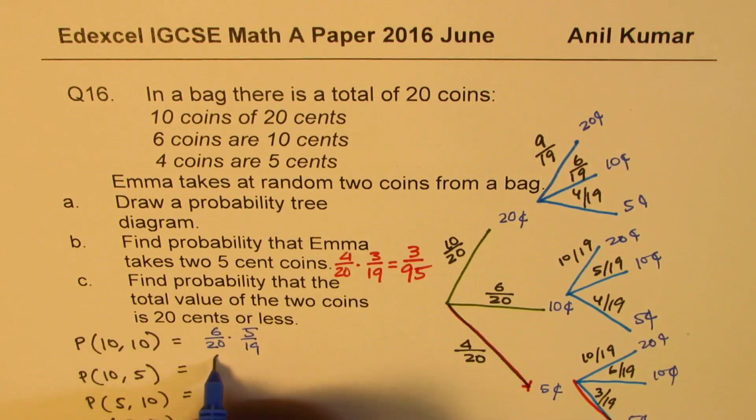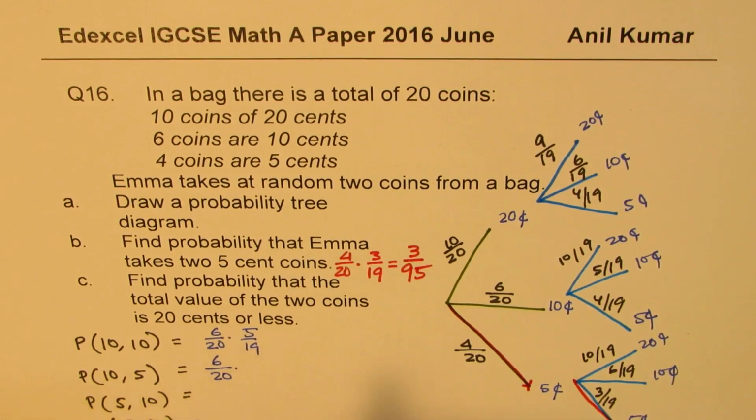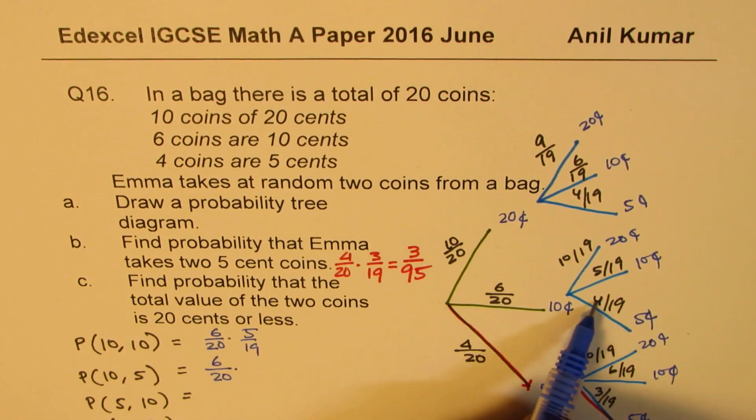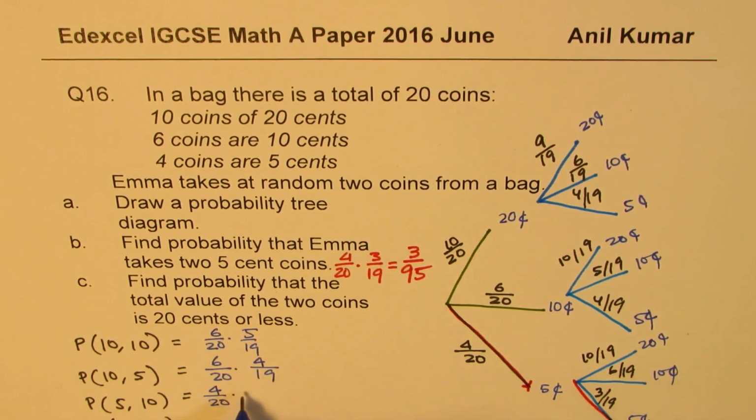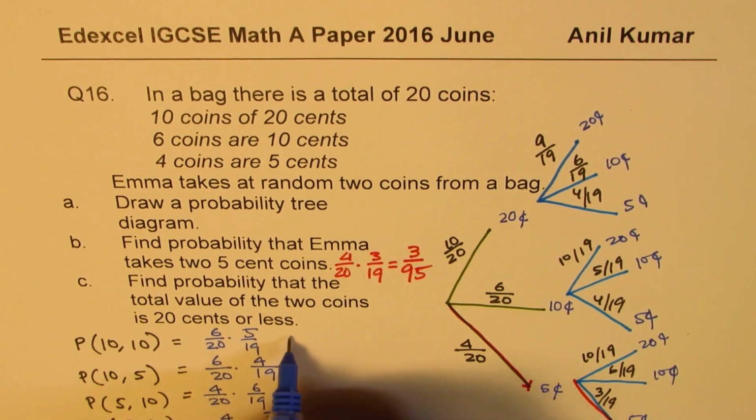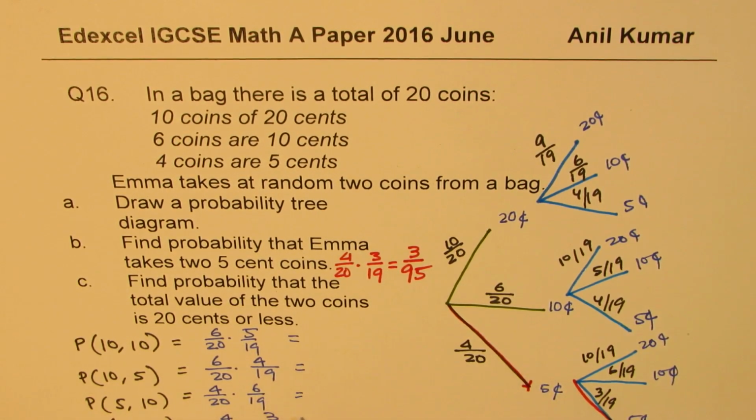Now 10 and 5 means 6 over 20 times 4 over 19. 5 and 10 is 4 over 20 times 6 over 19. Now 5 and 5 means 4 over 20 times 3 over 19. So we have to add all of them up.